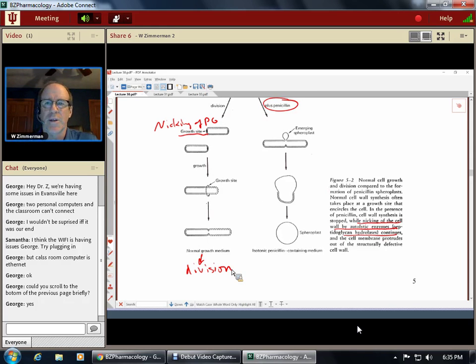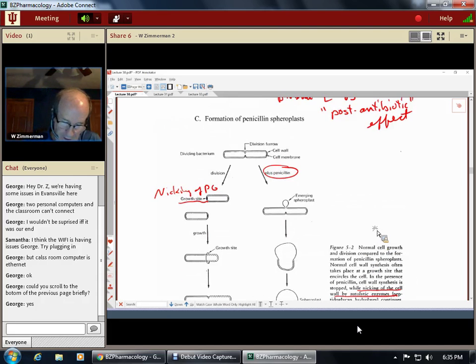But what we've noticed with penicillin, if you put it in an isotonic medium, that's the key here, so it's not hypertonic or it would cause the cell to burst open, what do we see?